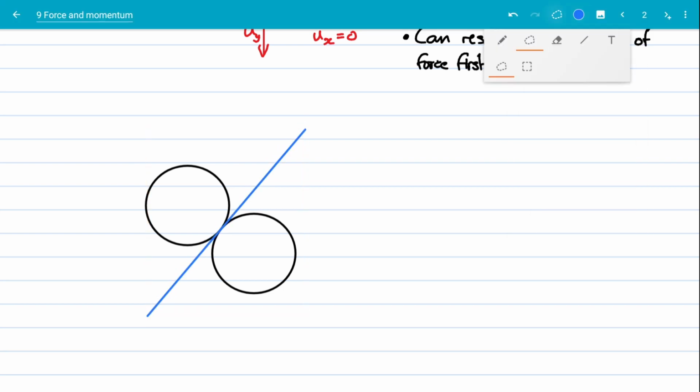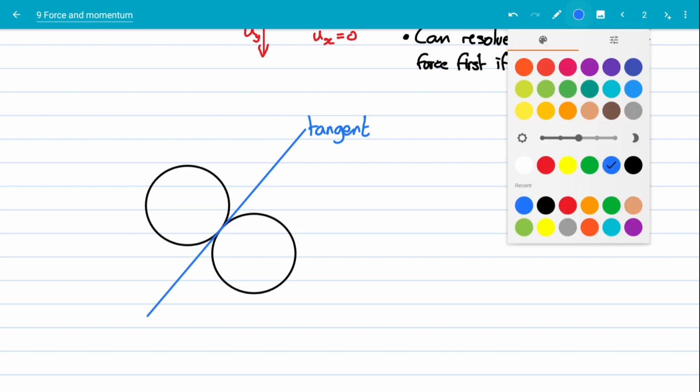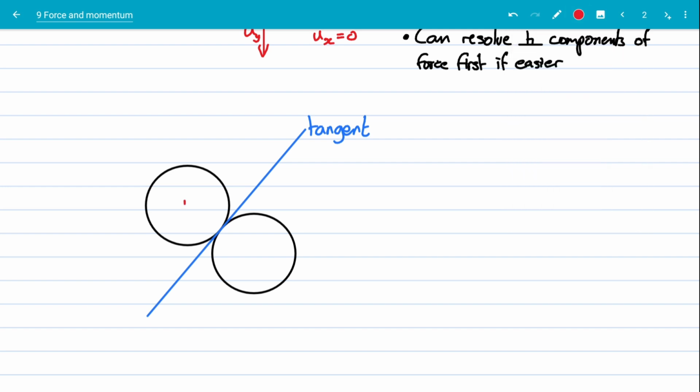We've got a tangent. And this is the tangent regardless of the initial velocity of the balls. So if this is, let's say, ball 1 and this is ball 2, we can have perhaps u1 in this direction. And maybe u2 can be in this direction. Let's get a straight line tool out.